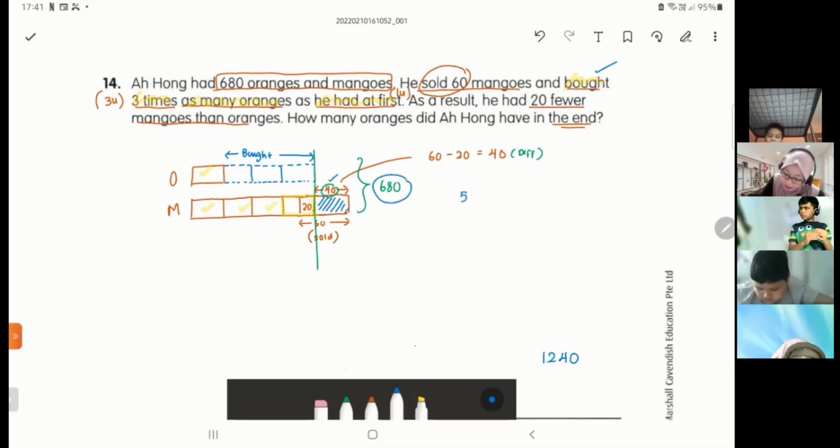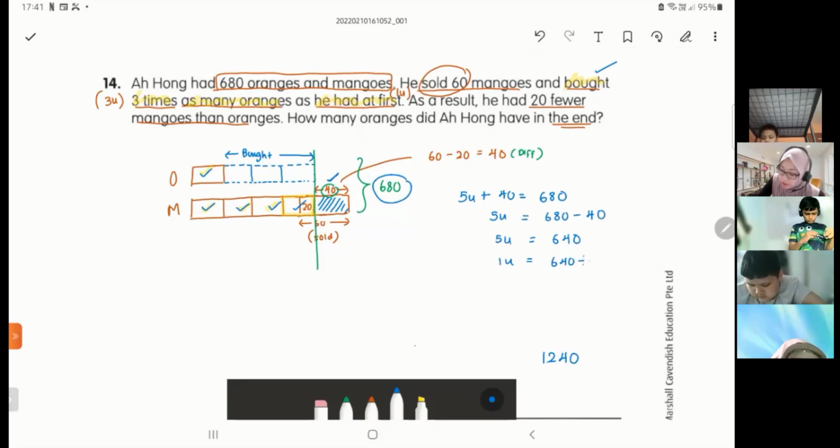The 5 units is again 1, 2, 3, 4, 5. 5 units plus the 40 is equal to 680. Now I want to put all the units to one side and get rid of the extra 40. 680 minus 40 equals 640. That is 5 units. So 1 unit will be 640 divided by 5 equals 128.